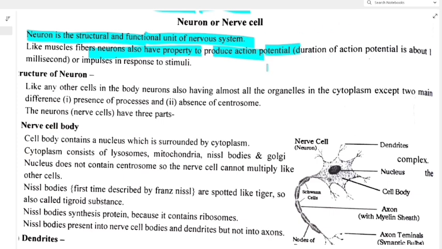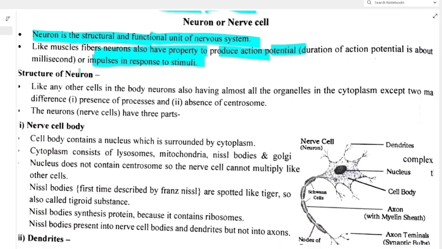The duration of an action potential is about 1 millisecond. Can you imagine how small a fraction of a second that is? Within that much time they are working. That's why the nervous system is called the fastest; it works quicker than any other system in our body, producing impulses in response to stimuli.